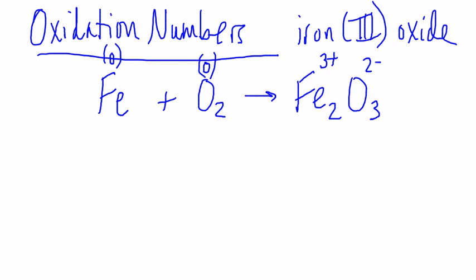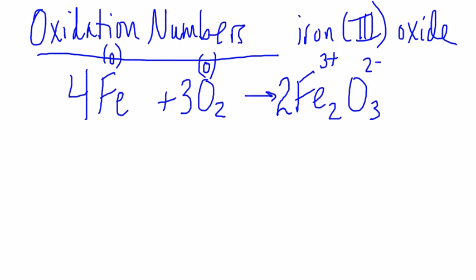To balance this equation, of course, we're going to show 3 molecules of oxygen to give us 6 atoms of oxygen, and 4 atoms of iron reacting to give us 2 molecules of Fe2O3.